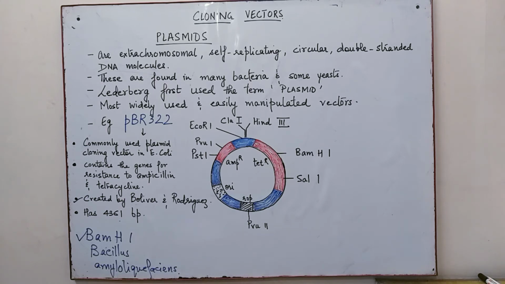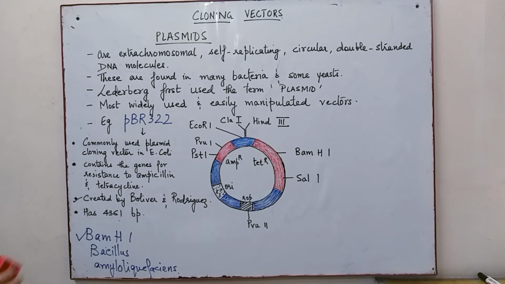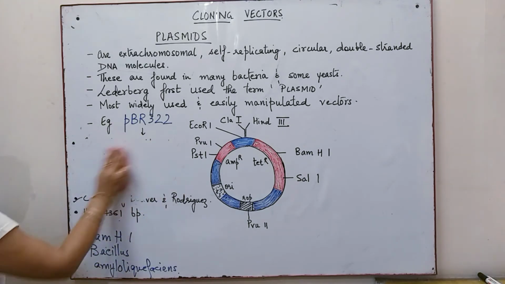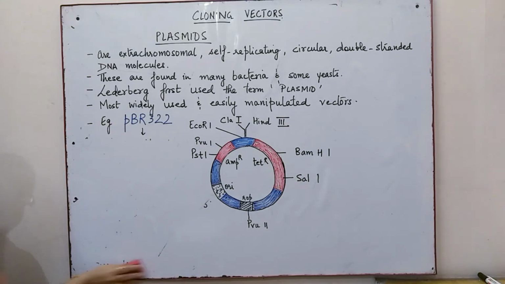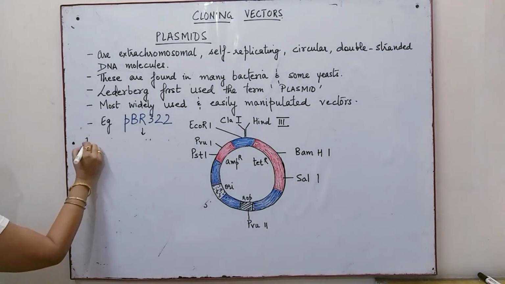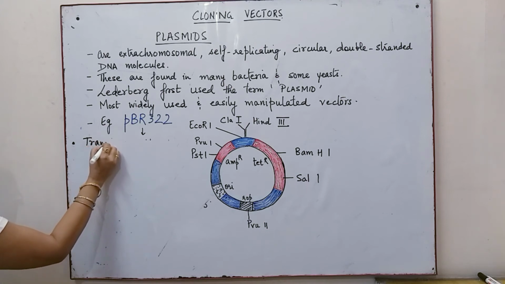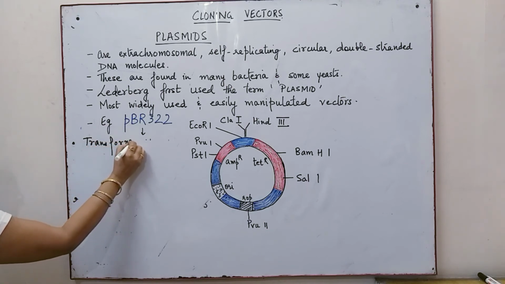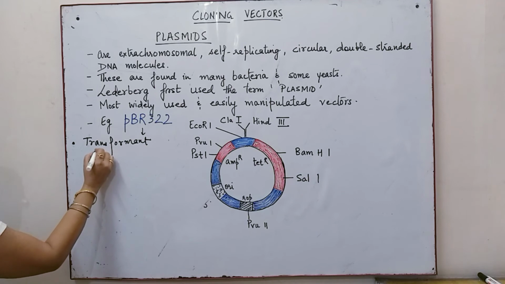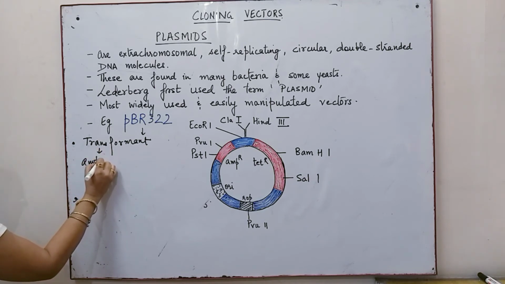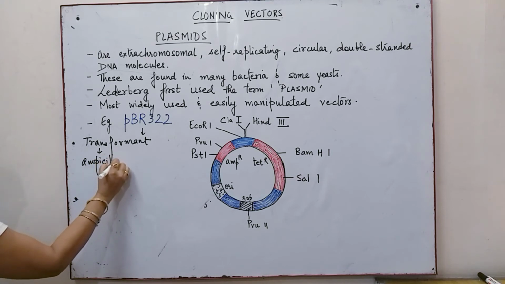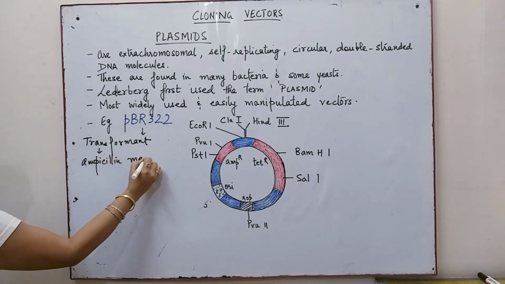So what are we first doing over here? We will be cultivating it in ampicillin-containing medium. So first the transformant is put into ampicillin medium.